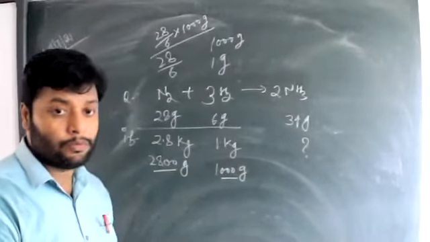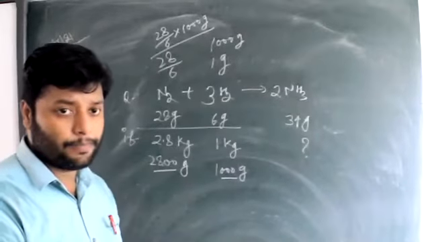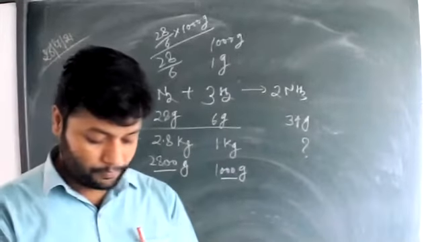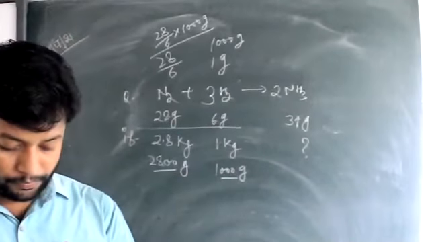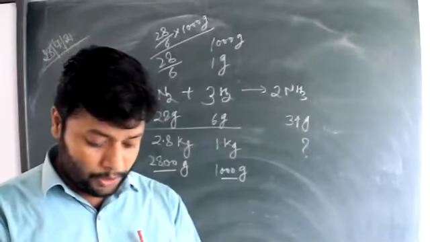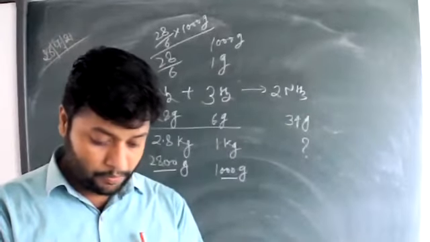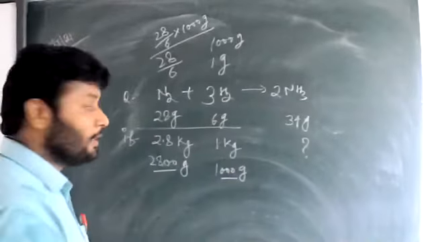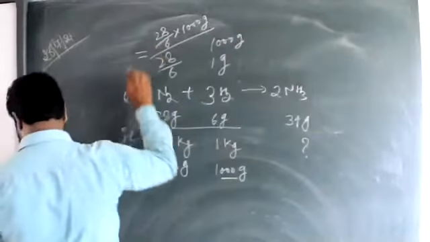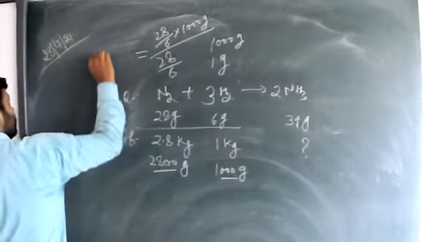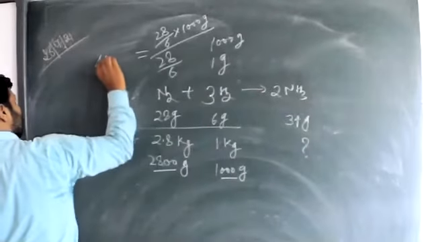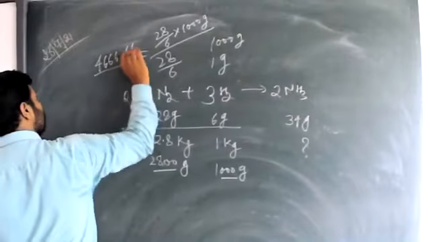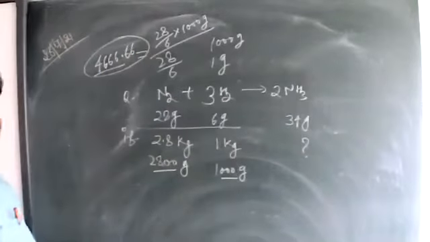What value are you getting? Anyone? What will be the exact value? 28 divided by 6 into 1,000 is 4,666.66.